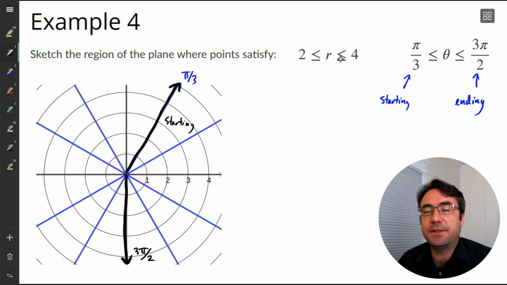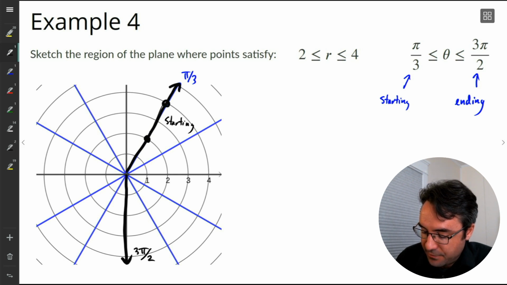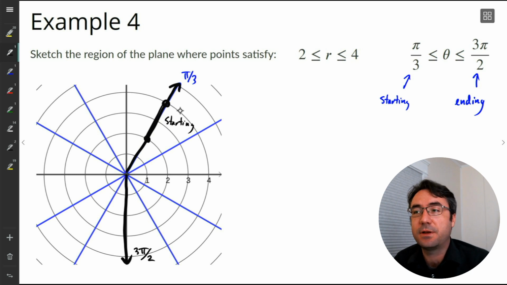So let's now look at the r values here. Right on pi over 3, we could have an r value of 2. We could have an r value of 4. And then everything in between those is perfectly fine.